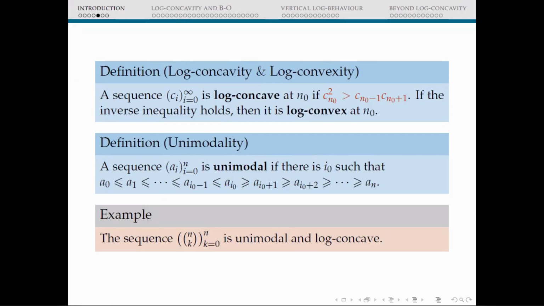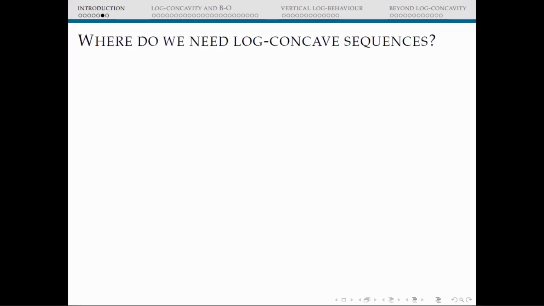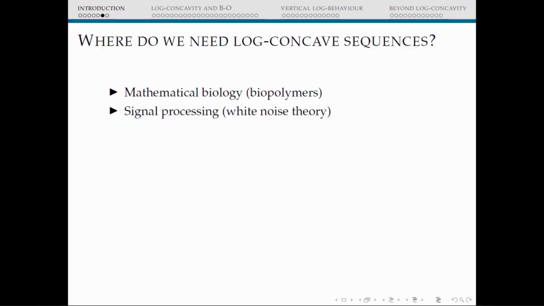And one can ask, why do we consider such a thing? Why do we care about it? It turns out that log-concavity and log-convexity properties appear in many different areas. For instance, in mathematical biology, it counts some biopolymer structures, and in signal processing, the so-called white noise theory, where there is an equivalence between log-concave sequences and nuclear spaces.